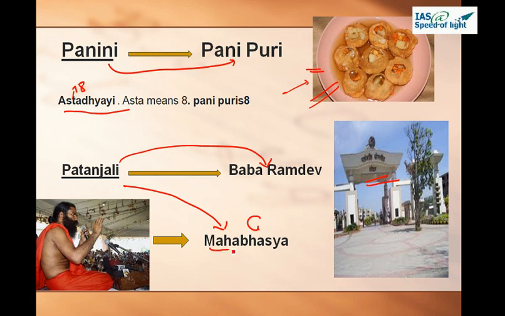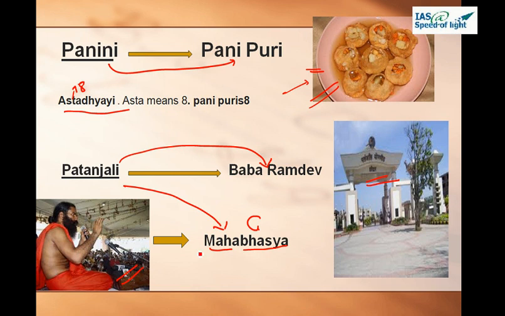Maha means great, and Bhashya becomes speech or language. So great speech. We all know Baba Ramdev is a great speaker. He speaks really well. Patanjali, Baba Ramdev, and what he wrote? Patanjali Mahabhashya. Mahabhashya, great speech by Baba Ramdev.